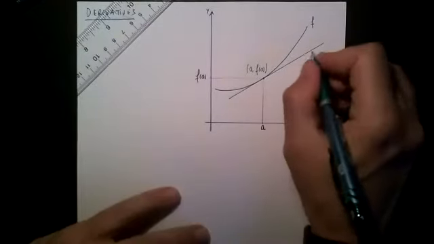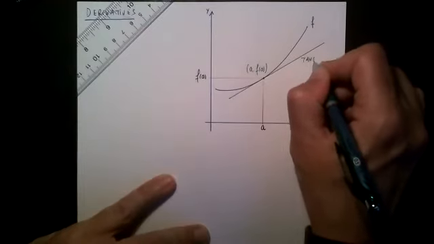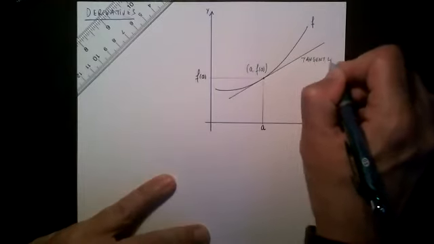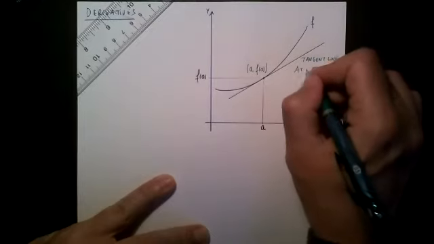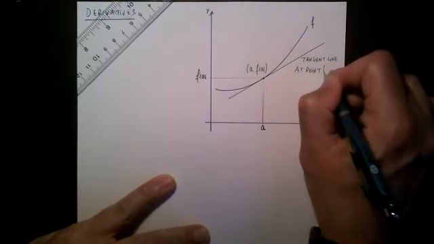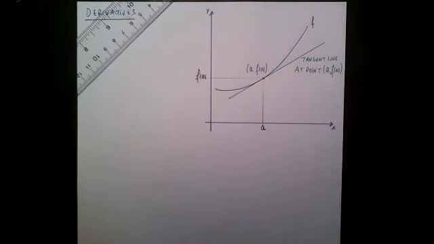Okay, so this is a tangent line at point (a, f of a). Okay, so far so good, nothing too crazy. So I'm very, very, very interested in finding the slope of this line.